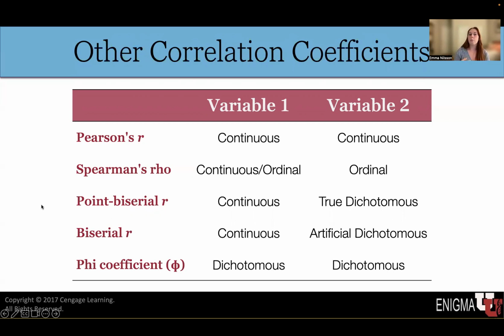We can also use a point biserial R, a biserial R, or a phi coefficient as well. We're not going to talk about these right now, but if you're interested, I would encourage you to do some research on your own, learn about the context in which you would use these things. From these lectures, you definitely have the building blocks of statistics to be able to understand these coefficients, and it's an awesome next step in expanding your statistical knowledge.